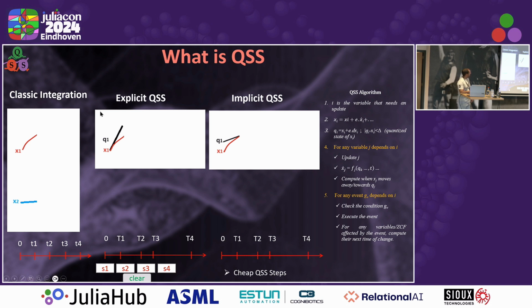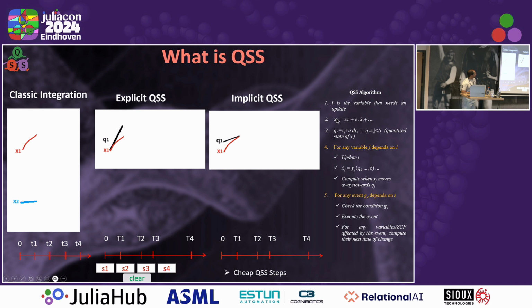So for the explicit method, q is the old value of x, while in the implicit method, we set q as a future value of x.